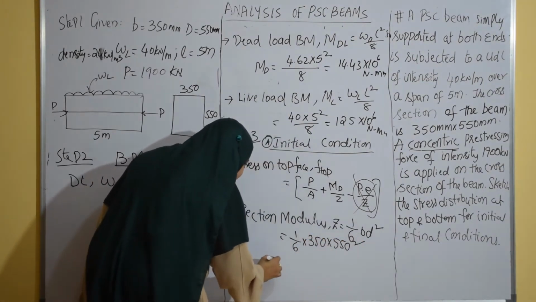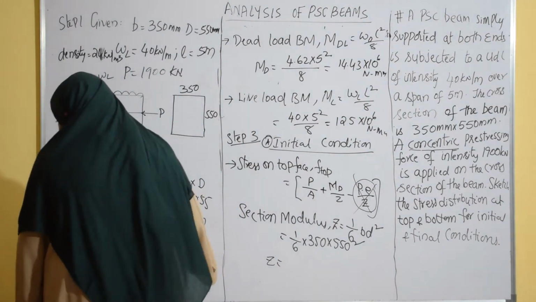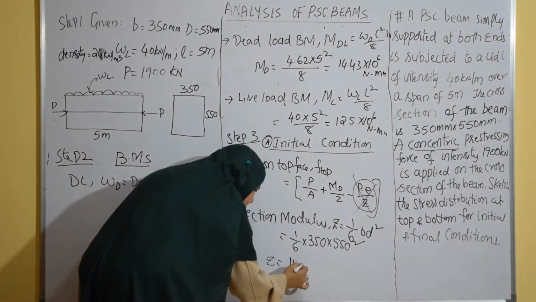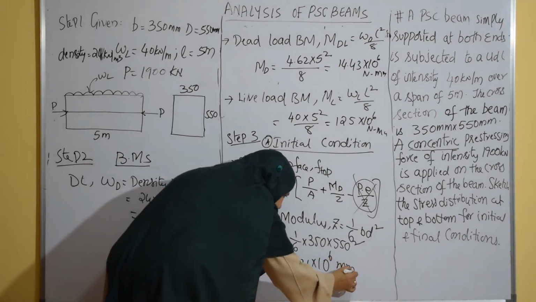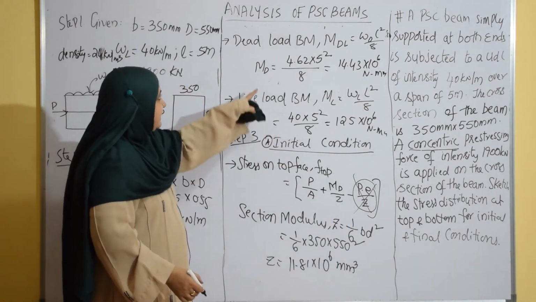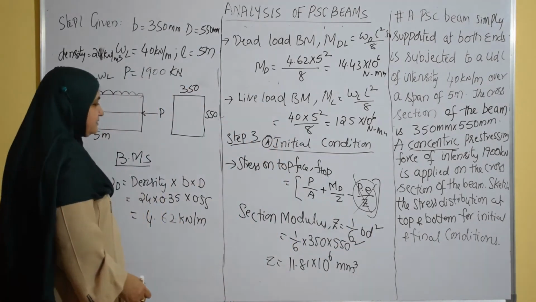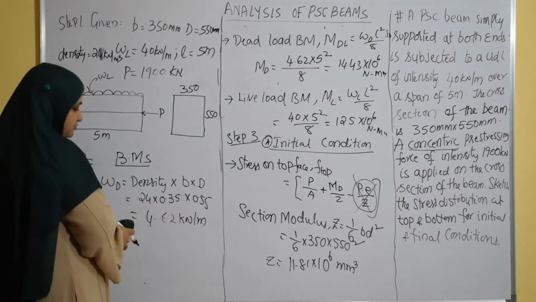So we get Z is equal to 11.81 into 10 to the power of 6 mm cube. So actually this should have been calculated in step 2 only, just we missed it. I have calculated. Now simply put the values.